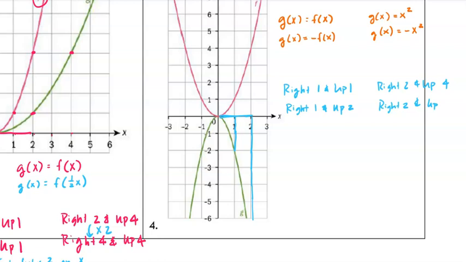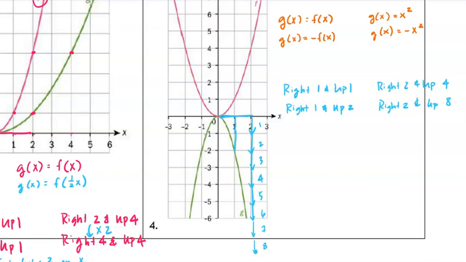I'm guessing that it is probably going to be 8. Okay, 1, 2, 3, 4, 5, 6, 7, and then 8. It's going to be a point here. I have a feeling.